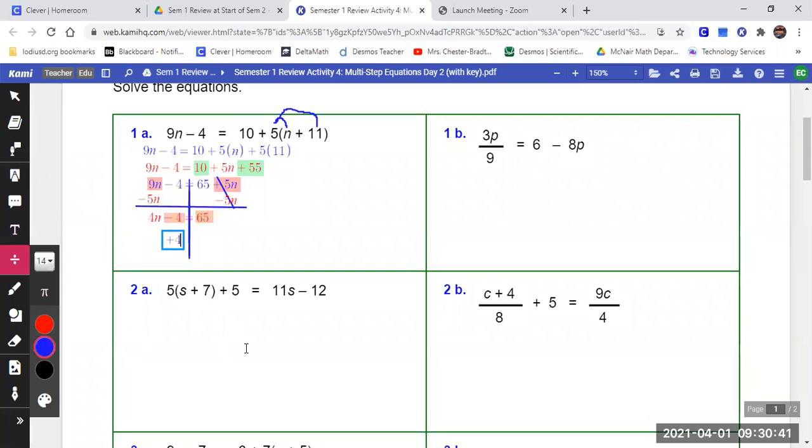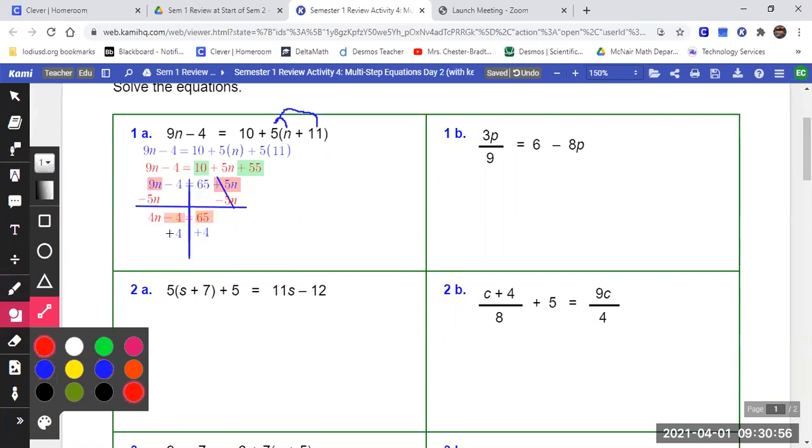So add 4 to the left, add 4 to the right. Then we move our little guy so it lines up, and we put our line in. That is going to make the -4 go to 0.